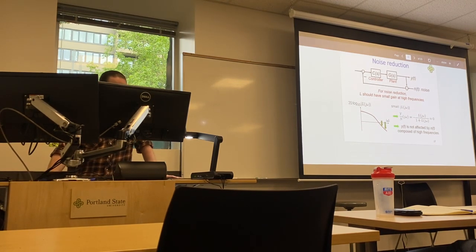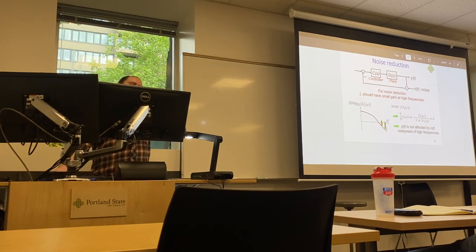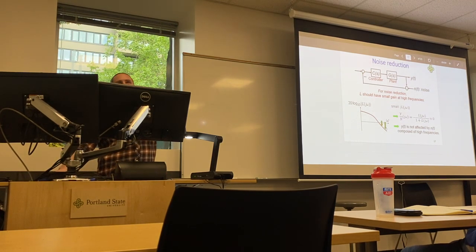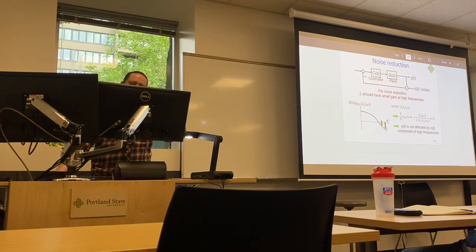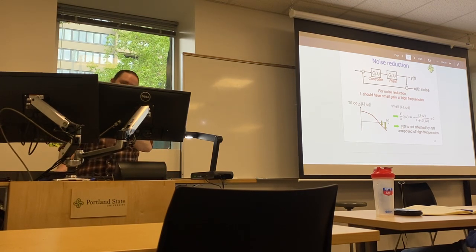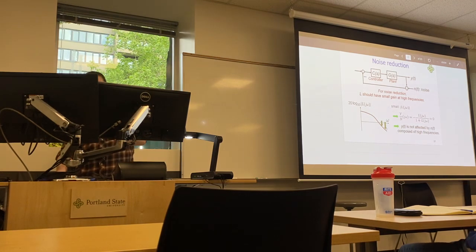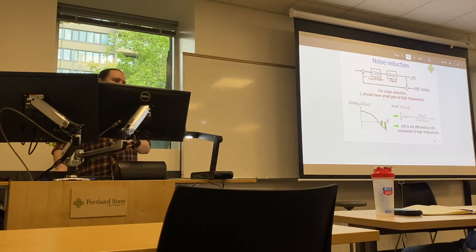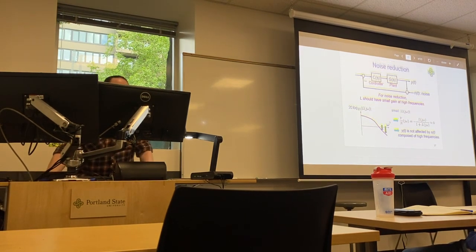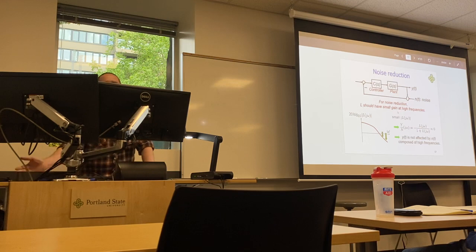You can see here, at the higher frequencies, we want low gain, more of a roll-off. If we have the choice between minus 20 dB per decade or going to higher order and minus 40 dB per decade beyond our crossover, we would probably prefer, for noise reduction, that minus 40 dB per decade, which is not on those slides anymore.